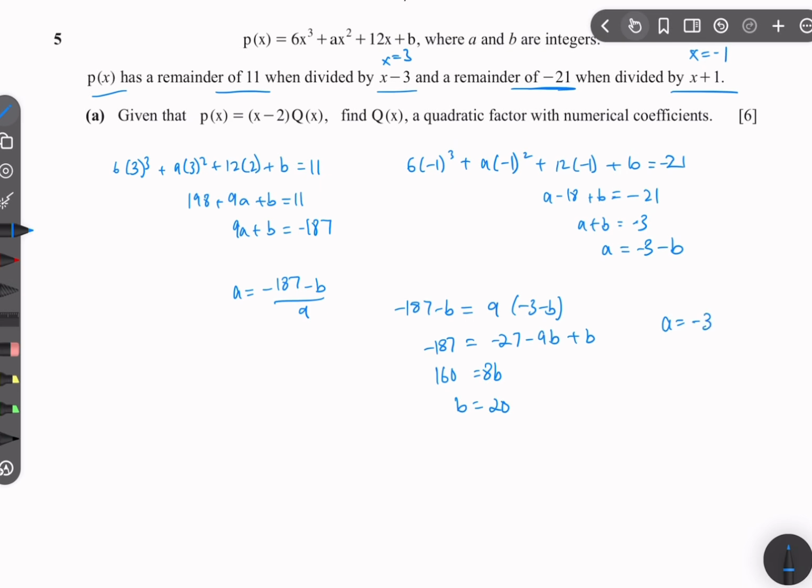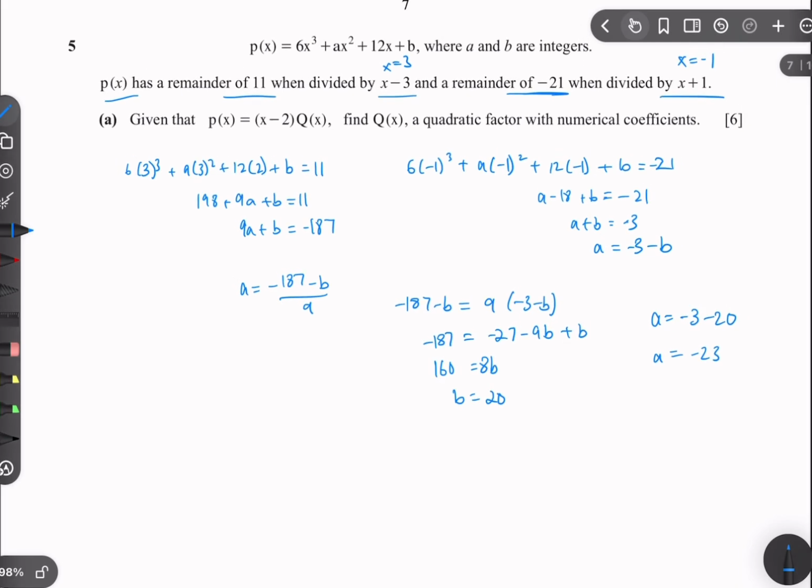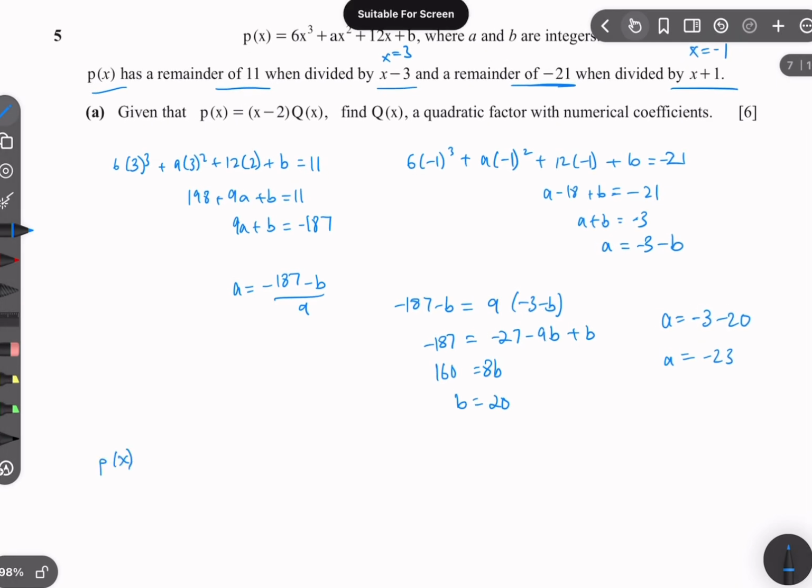Okay, we have the value for b, so we just sub this in to find a, which is equal to minus 23. Okay, now we can rewrite p(x).